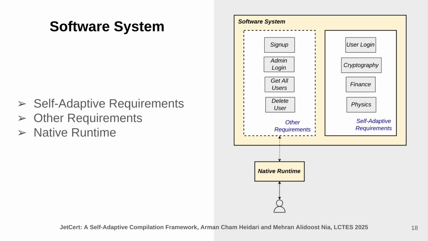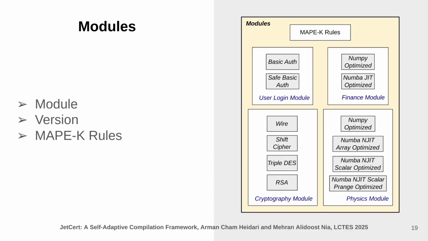As a result, we implemented 4 modules in this system, each with different versions with unique features. User login module, finance module, cryptography module, and physics module with different versions.